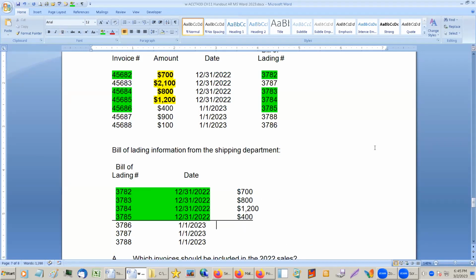Okay, so the total of those is 3,100. Yep.